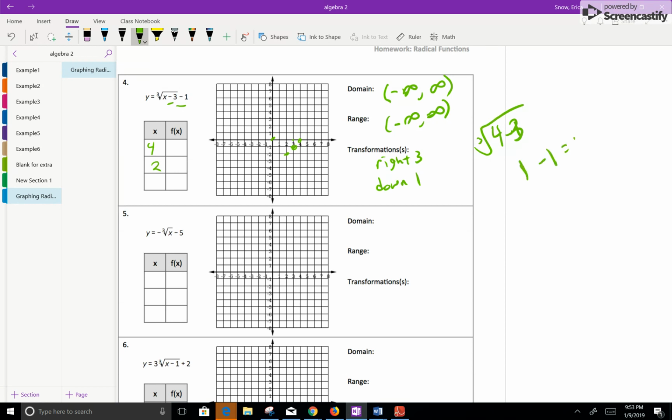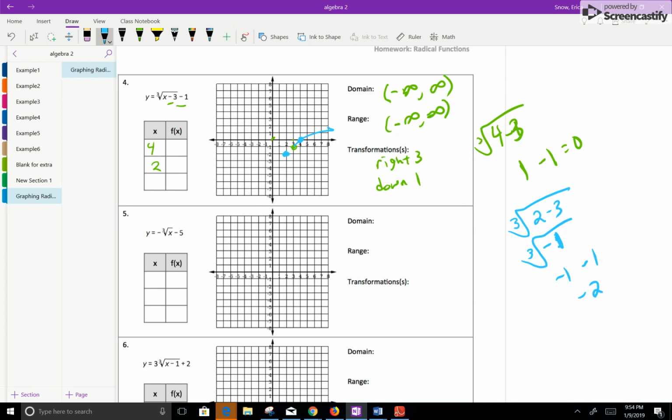Minus 1 is 0. And looky there, that's where this blue dot is. And then if I plug in 2, I get the cube root of 2 minus 3, which is -1. Cube root of -1 is -1. Minus 1 is -2, which is in fact where that is.